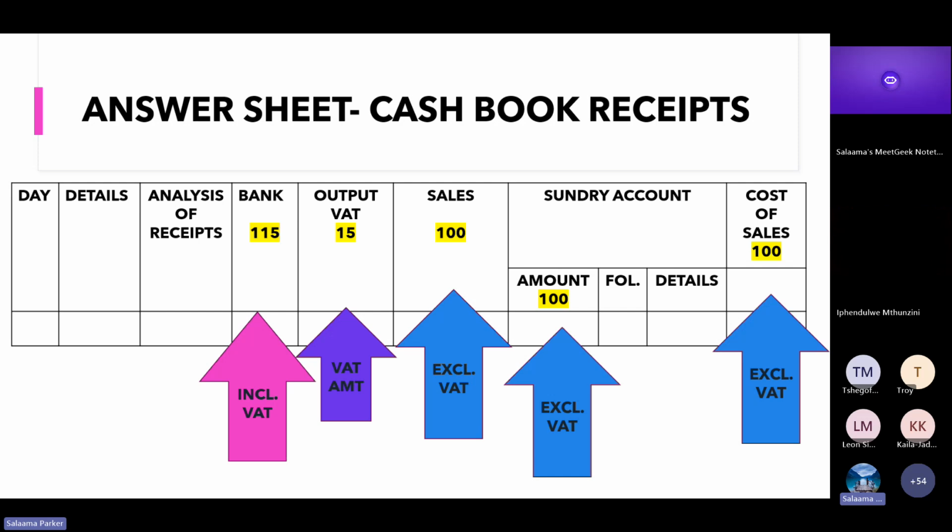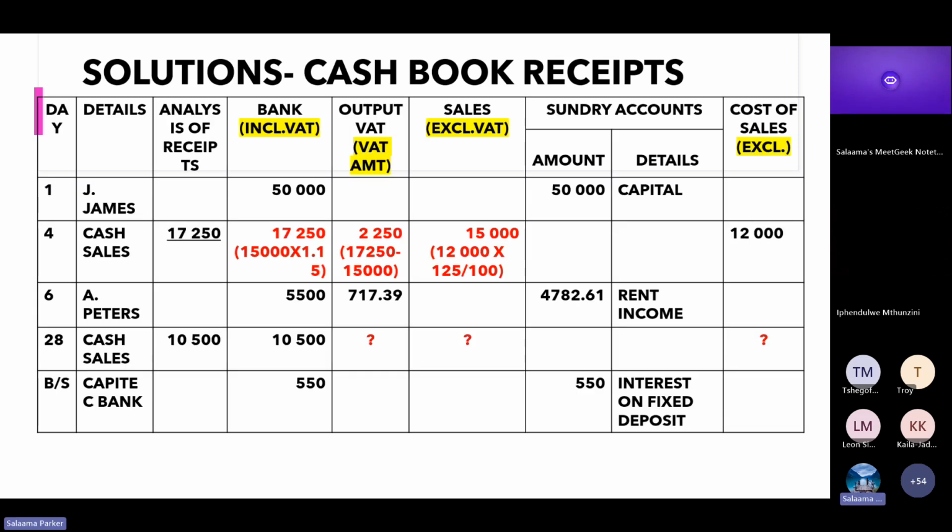In the output VAT will be your VAT amount. Your sales is the 100, which is exclusive VAT. And then in sundry accounts also that amount will be the exclusive, and cost of sales will always be the exclusive VAT amount. Okay.